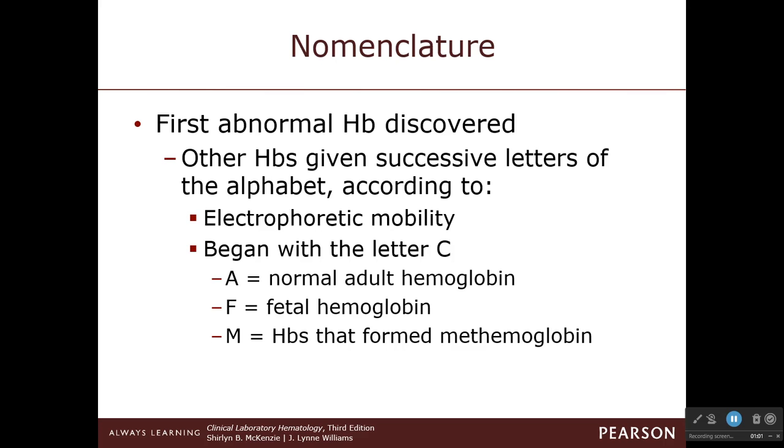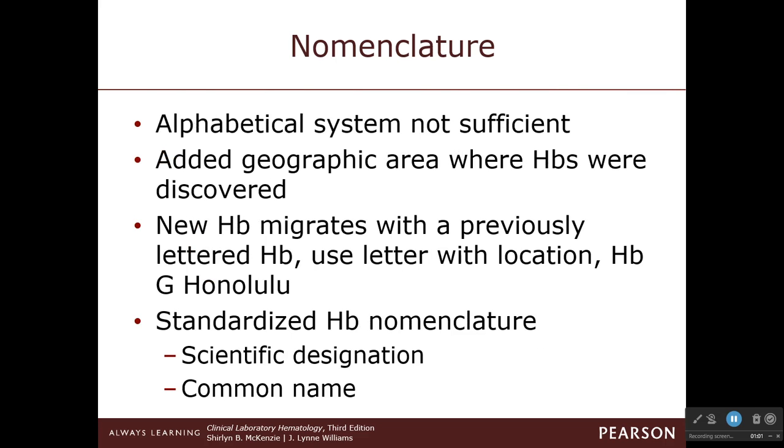So after we started figuring out that there was a problem with the genes that was causing this, we came up with a new system to label these things. The alphabetical system wasn't sufficient because how many do we have now? What did I tell you guys?